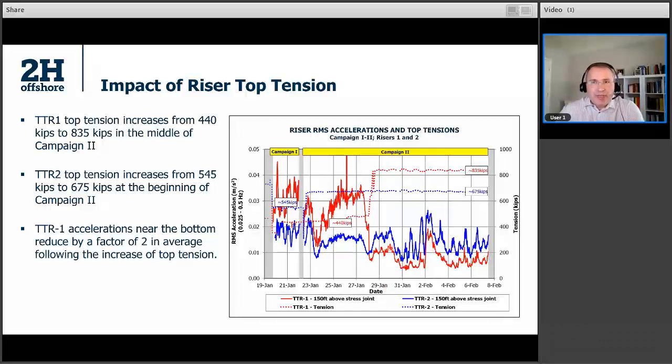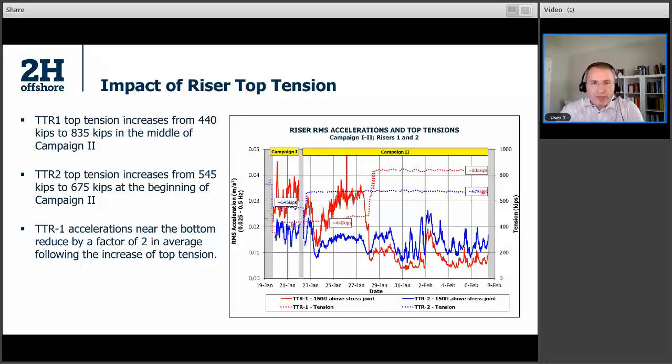The variation of top tension is also shown on this figure. The dashed lines are for TTR1 and TTR2 top tensions: the red dashed line shows the TTR1 top tension variation, and the dashed blue line shows the TTR2 top tension variation.